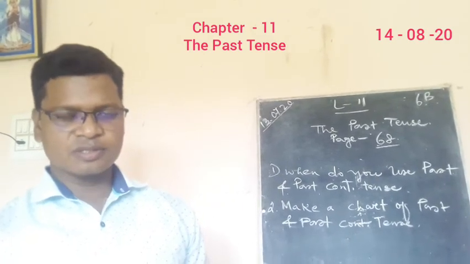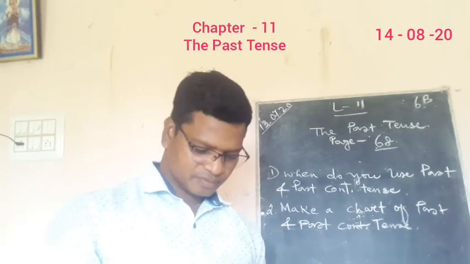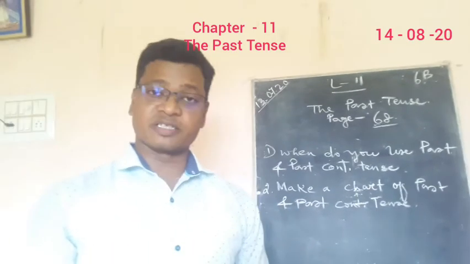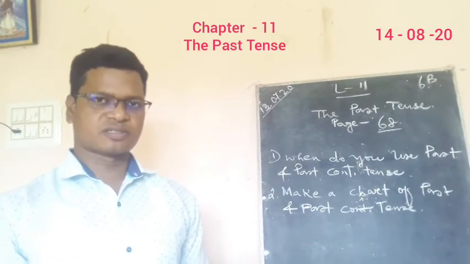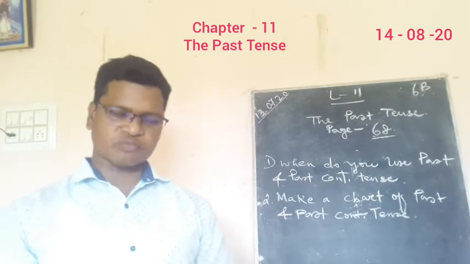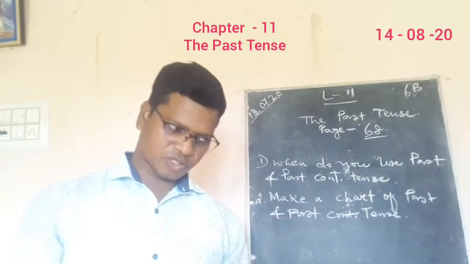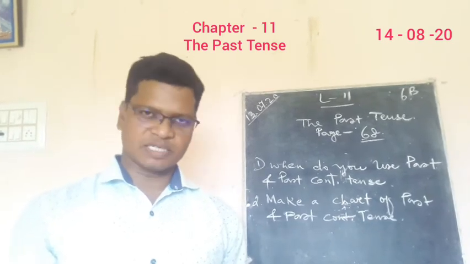So it says, past tense talks about an action that took place in the past and is complete. So there is nothing to do in the present. The work which got completed in the past.